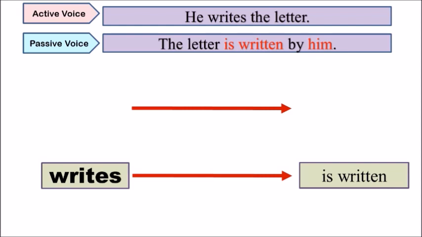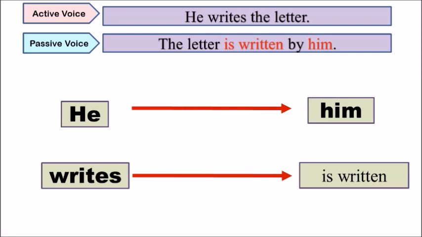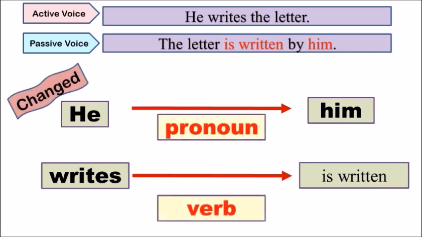Can you find them? What is the verb? Verb writes has become is written. And what is the other change? Yes, it's the pronoun he. He has become him. So, when making the passive form of an active voice sentence, the verb and the pronoun both are changed.